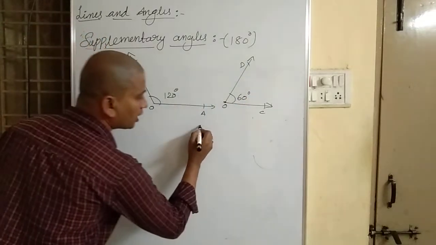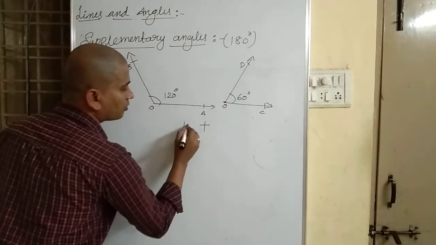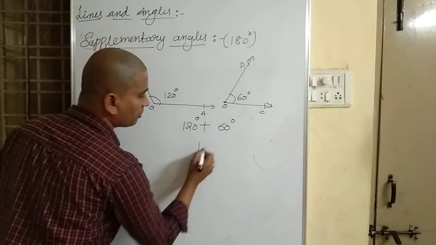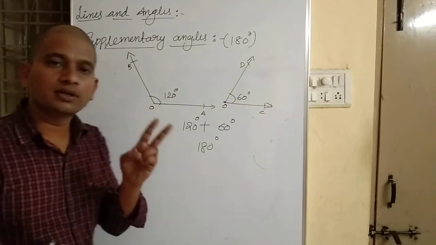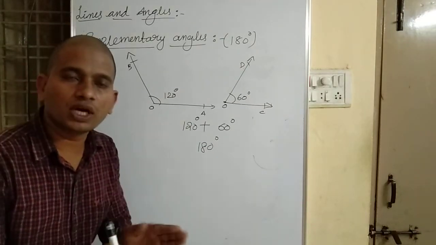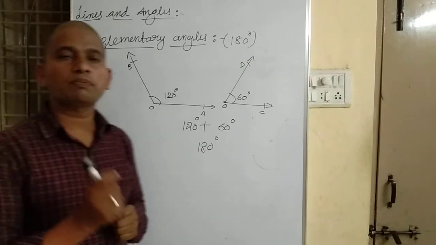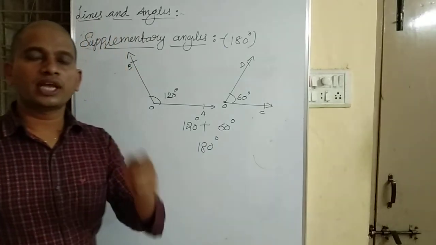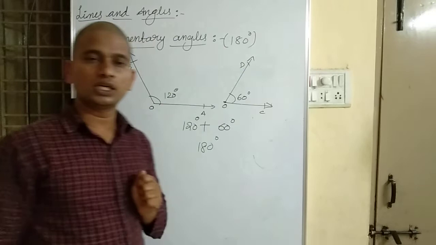How much is 120 plus 60? It is equal to 180. When the sum of the measure of the two angles is equal to 180 degrees, then we say that the two angles are supplementary to each other.